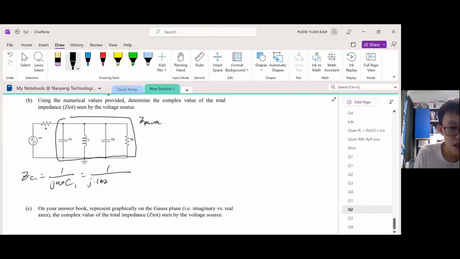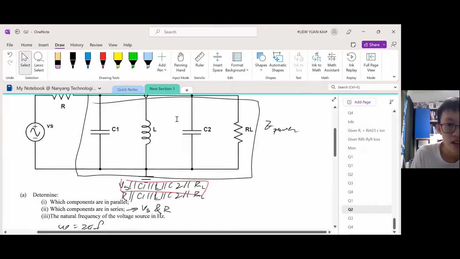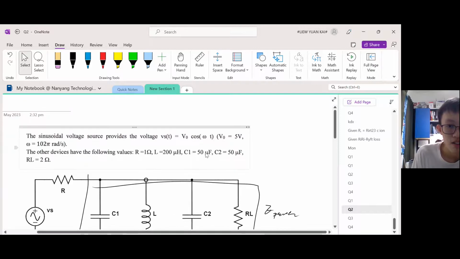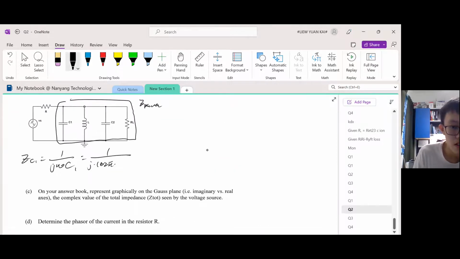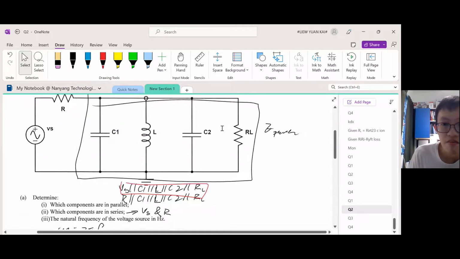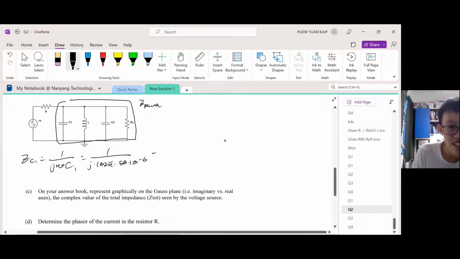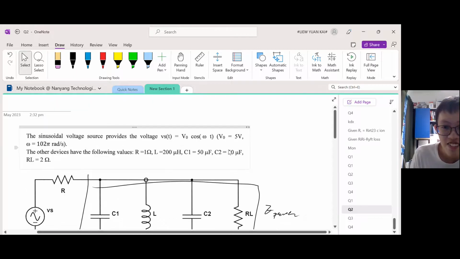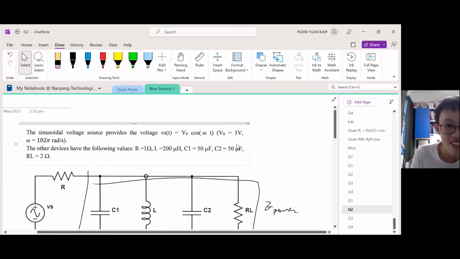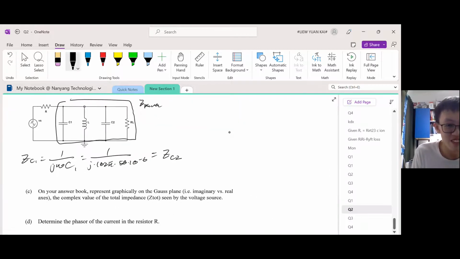So this is 102 pi that they told us. C1 is what? 50 microfarads. I hope ZC2 is the same. Yes, ZC2 is the same. Okay, so this will also give us the value of ZC2, right? Yes, 50 and 50. Okay, so that kills two birds with one stone.